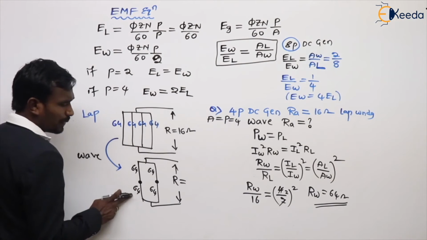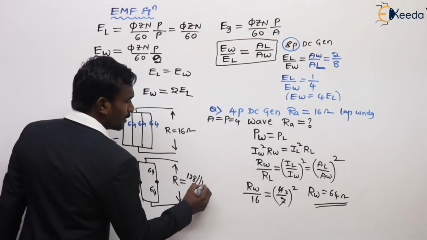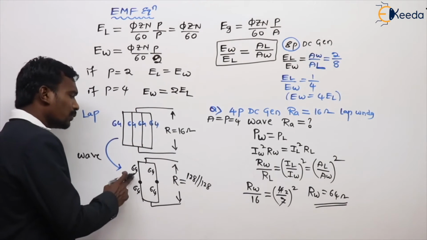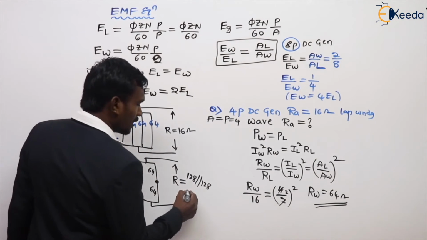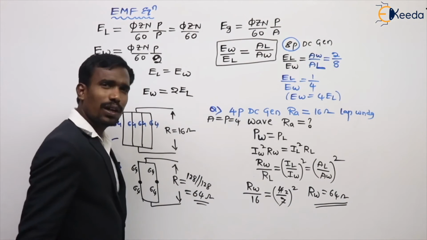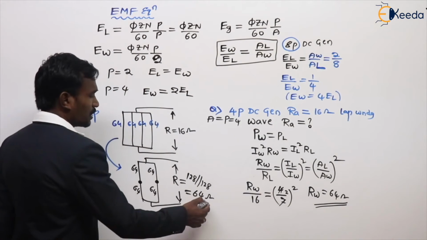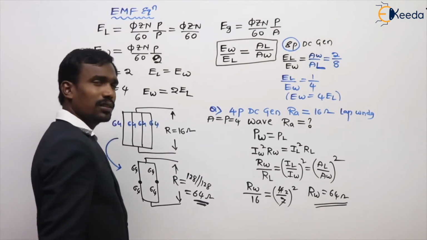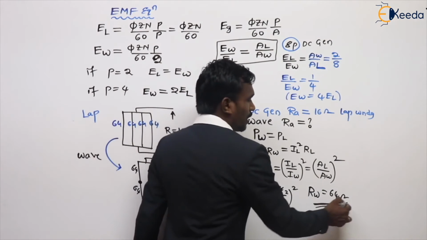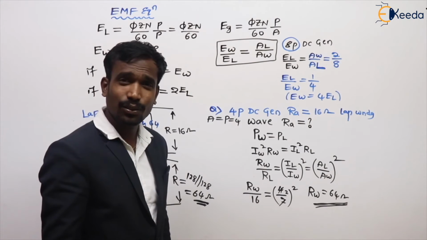Nothing but 64 plus 64, 128, in parallel with 128. What is the answer? 128 in parallel with 128 is 64 ohms only, because when two equal resistances are in parallel, it is divided by 2. So 64 ohms is our answer. Let's see here also, the answer is 64 ohms. Got it? Yes or no?